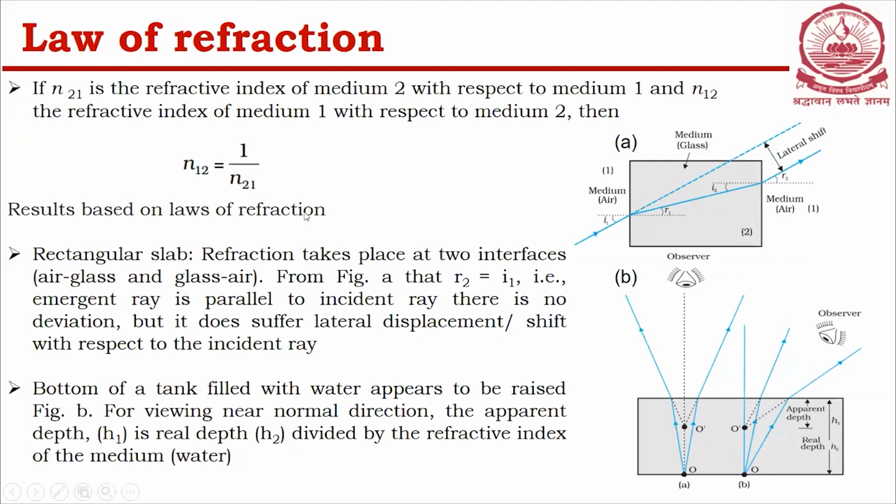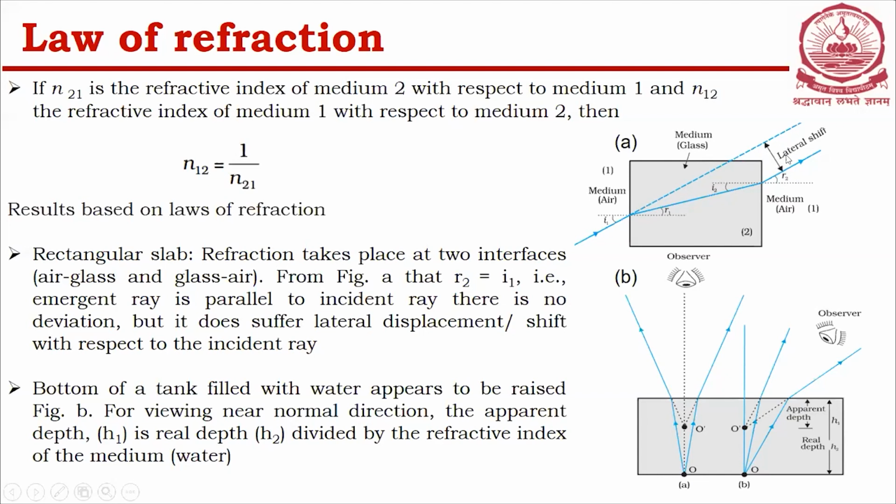There are some simple results based on refraction. One is a rectangular glass slab. The refraction takes place at two interfaces. If you look carefully, the angle R2 of the emergent ray is equal to I1, the incident angle. So the emergent ray is parallel to the incident ray, but it is shifted.